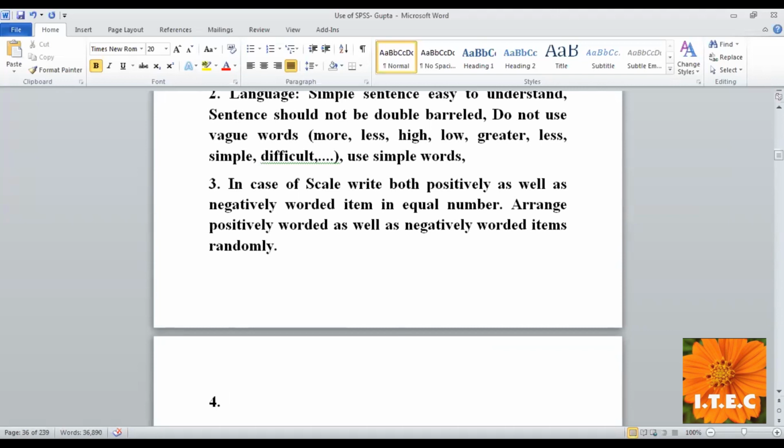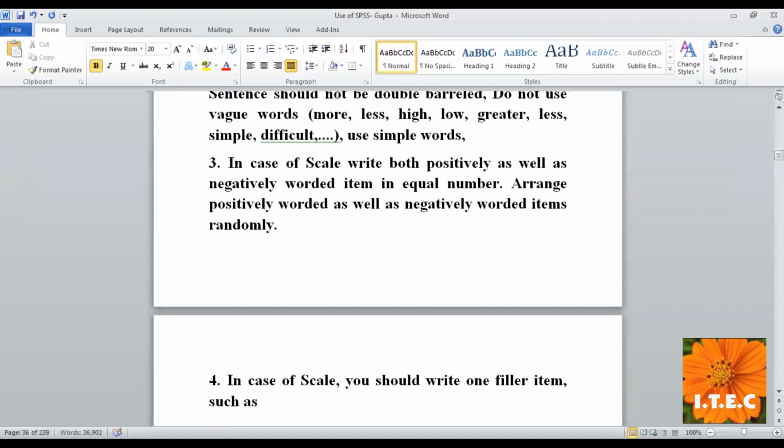Then another point is that in case of scale, you should write one filler item, such as I am not a human being.